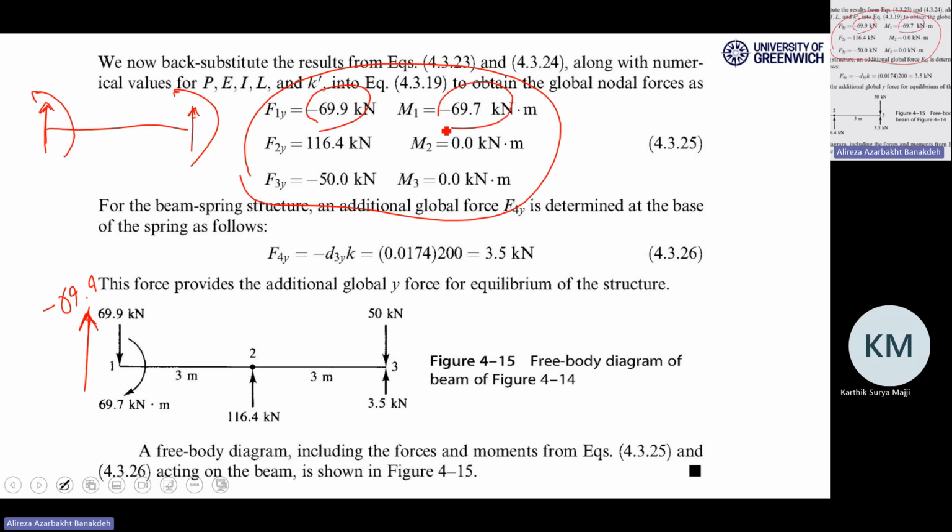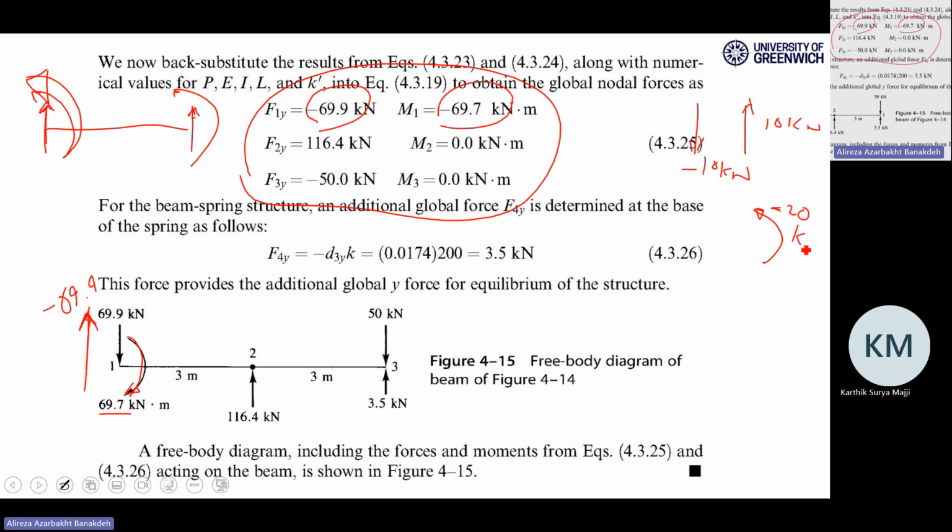I come up with this number for M1. So the convention is counterclockwise. You can make it negative and put the number positive. If any sort of force is 10 kilonewton, it is identical to say minus 10 kilonewton, and just change the direction. It is identical to say, okay, minus 20 kilonewton meter, this is moment.